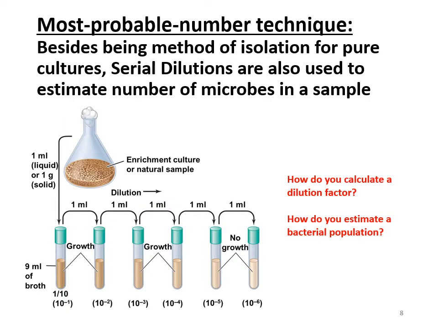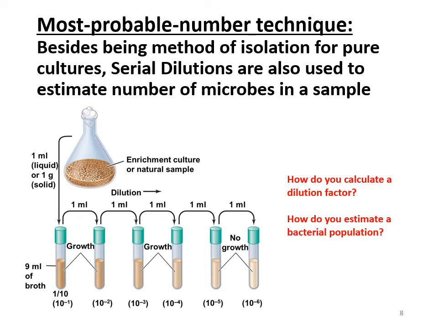Now here on this slide, what we have is called the most probable number technique. So basically what we're saying here is, besides having methods of isolation for pure cultures, serial dilutions like the one that you saw in the previous slide for those anaerobes can also be valuable in estimating the number of microbes in a sample.